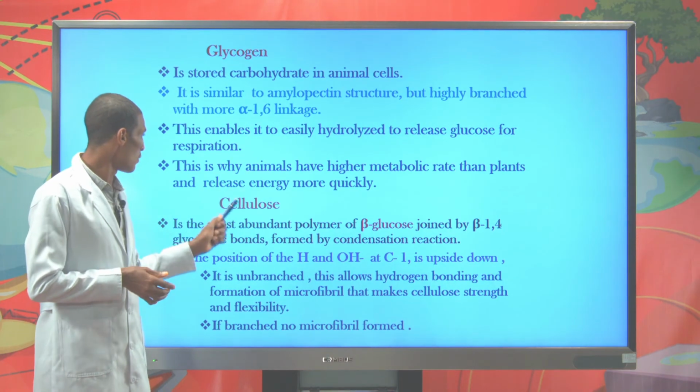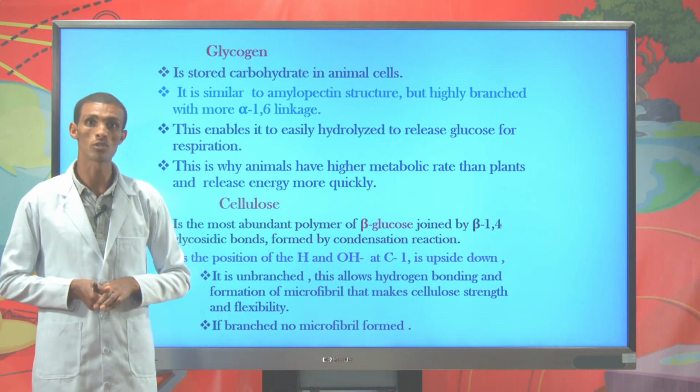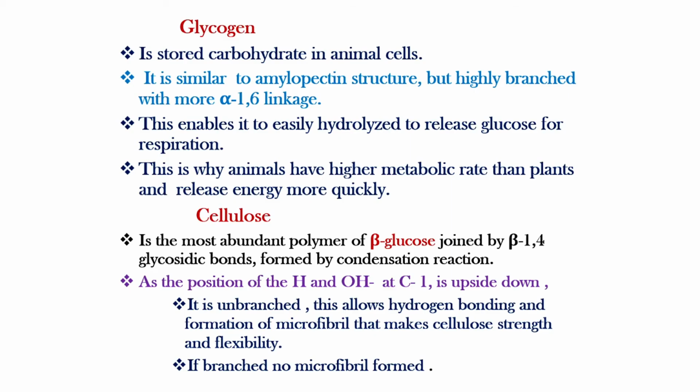Well, another most important polysaccharide is cellulose. Student, do you know what differentiates cellulose from starch and glycogen? Well, both starch and glycogen are polymers of alpha glucose.